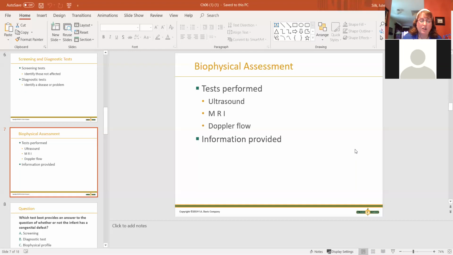You also are going to look at placental location. You're going to look at fetal activity. You're going to check the number of fetuses, the amount of amniotic fluid.